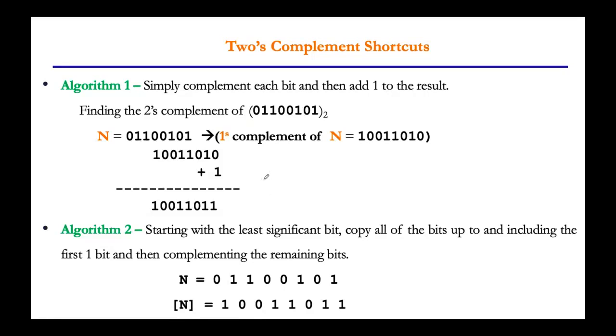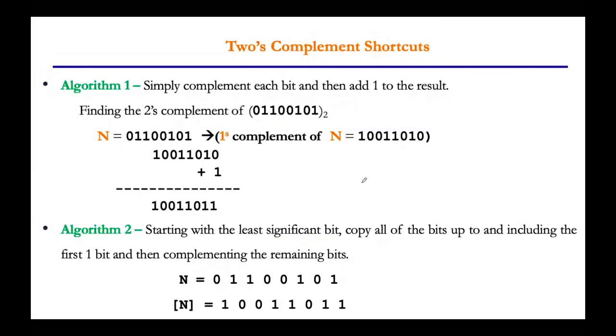Another simple way to do it is this: starting with the least significant bit, consider the given number here, 011000101. Starting from the least significant bit, moving in this direction, copy all of the bits up to and including the first 1 bit, and then complement the remaining bits.